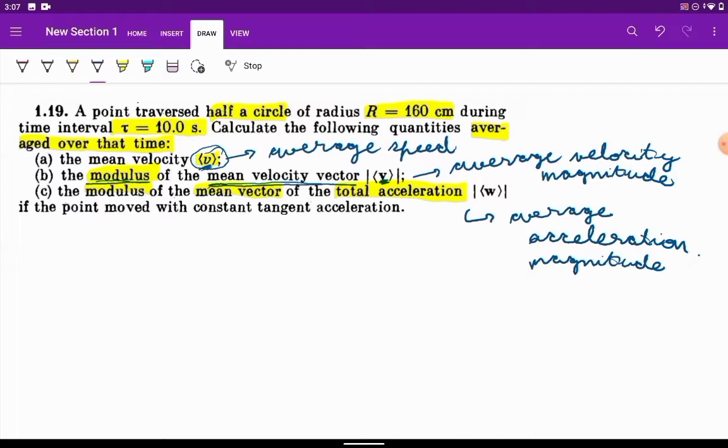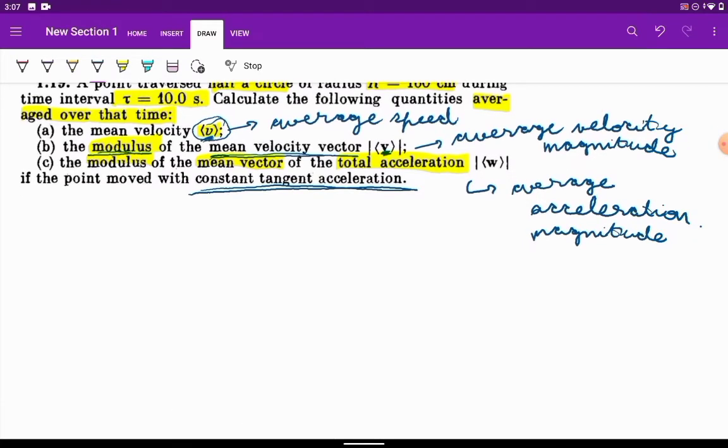Now, one more thing, if the point is moving with constant tangent acceleration, what that means is, let's draw it.